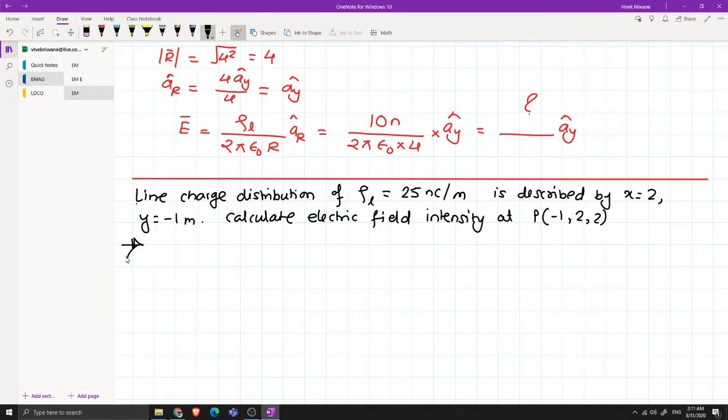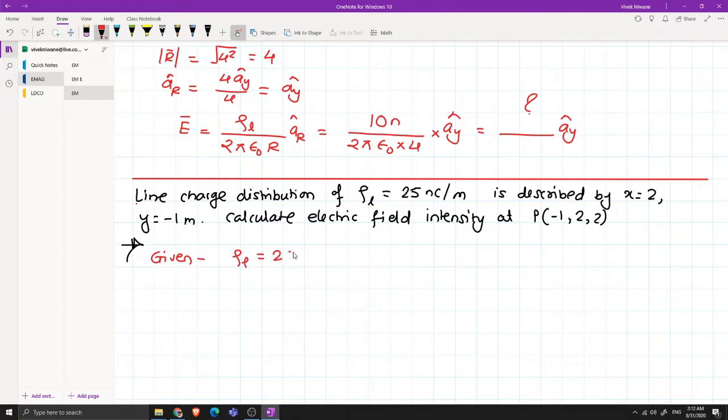This time I am not going to draw the geometry, definitely not. I don't want the three-dimensional view. I don't want those graphics flowing on my paper. What I want is straightforward calculation. So we will go with the procedure. First, write down the given.